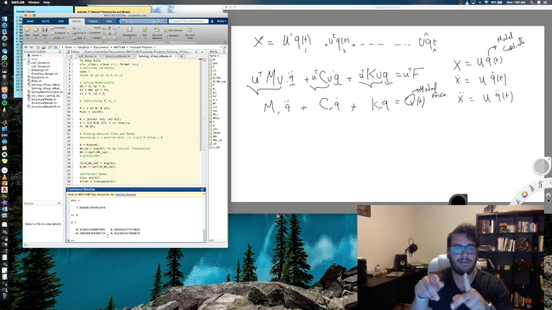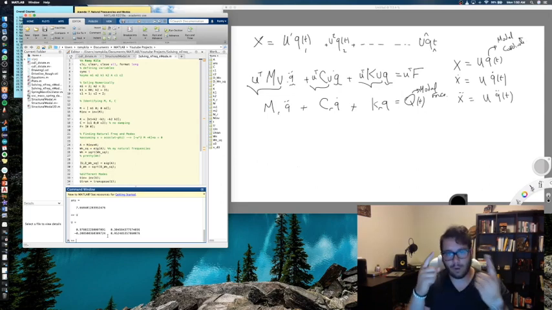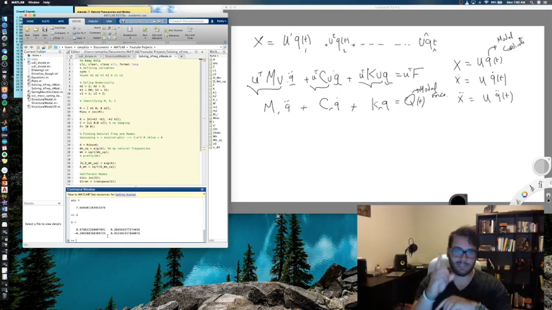Why? Because I have one vector of modes for each frequency. That's really what's happening here. That's why I got a matrix that's 2 by 2. It's going to be n by n, right?